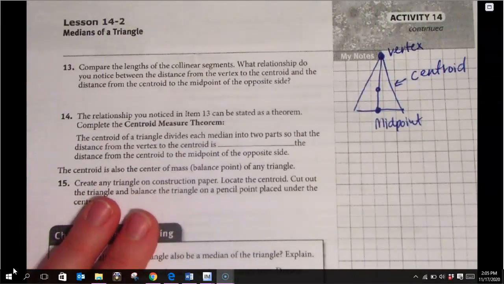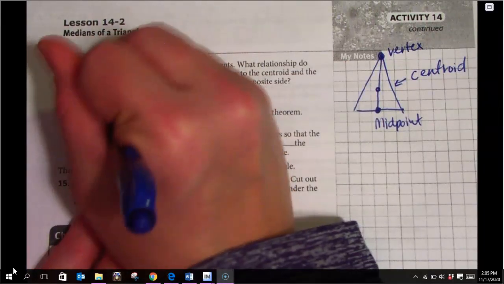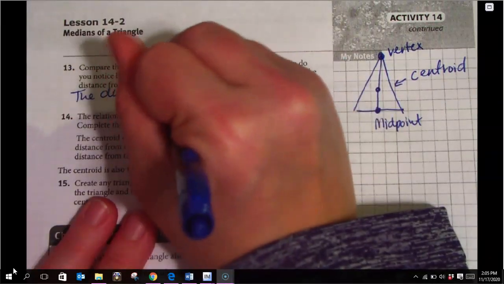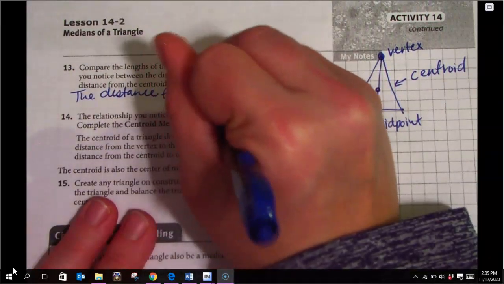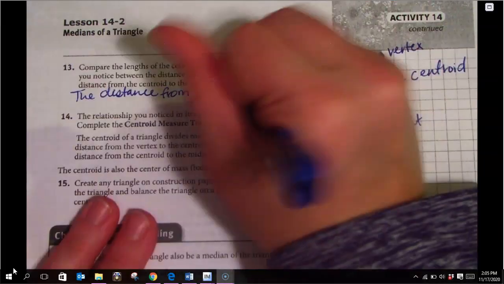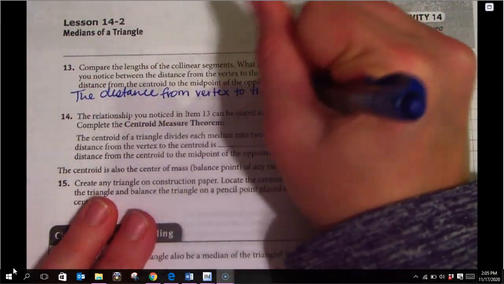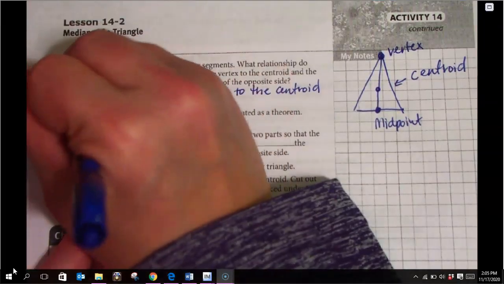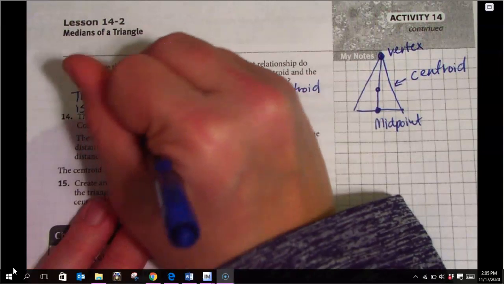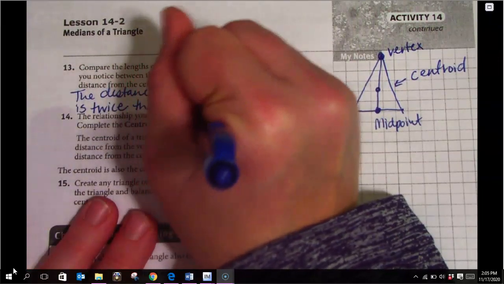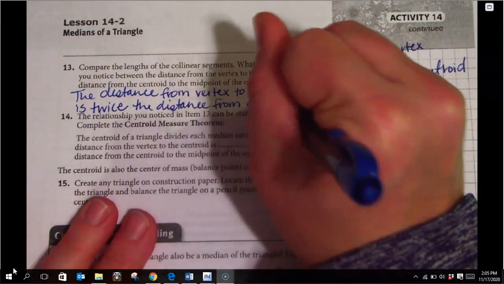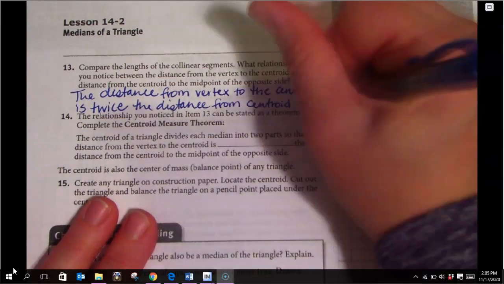Well, the relationship is that the distance from the vertex, any vertex, to the centroid is twice the distance from the centroid to the midpoint.